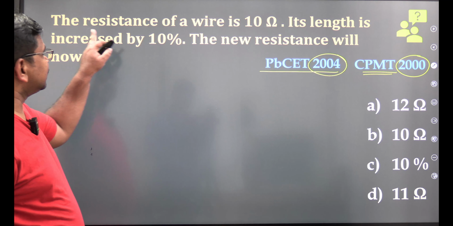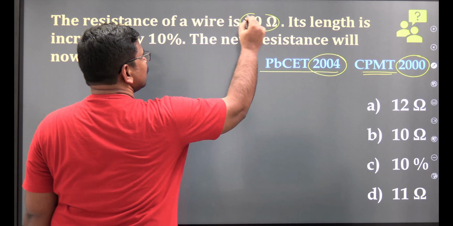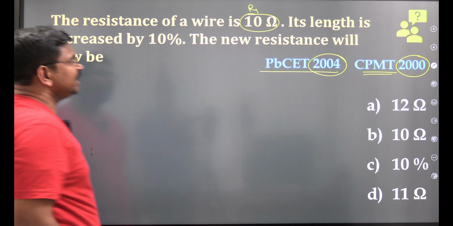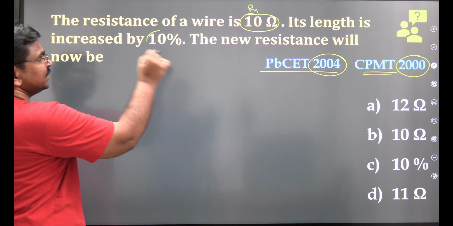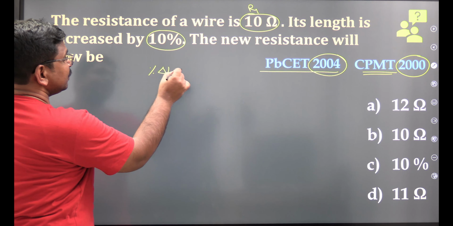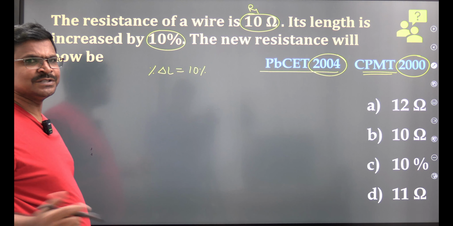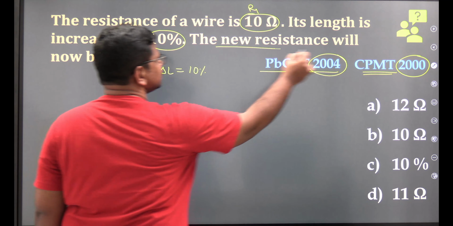Now, the resistance of a wire is 10 ohms, so R1 equals 10 ohms. If its length is increased by 10%, the new resistance R2 will be what? That is the question.